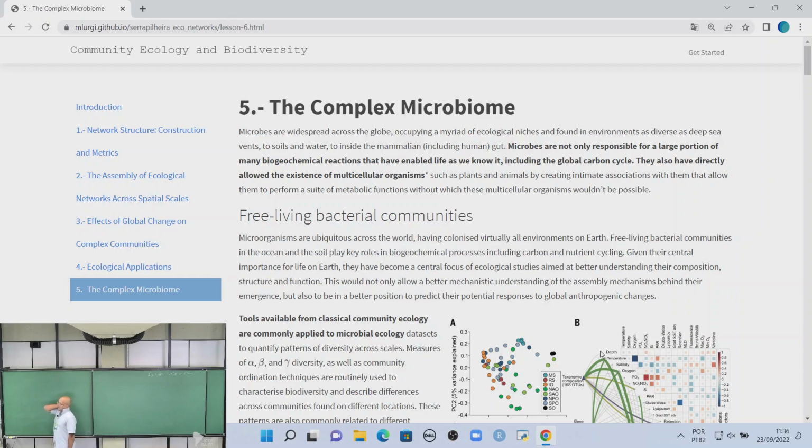And the whole point is to try to see how we can use the tools that we have been looking at during this week, but this time applied to much more complex communities than the ones that we have studied so far, right? So basically, the approach here would be to see how we can bring community ecology to better understand microbial communities.